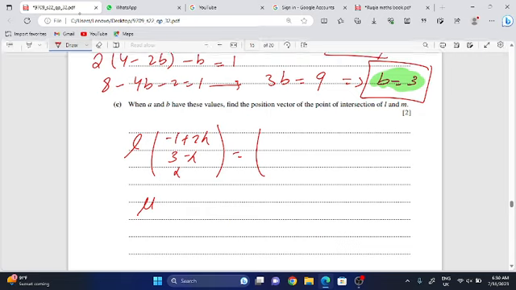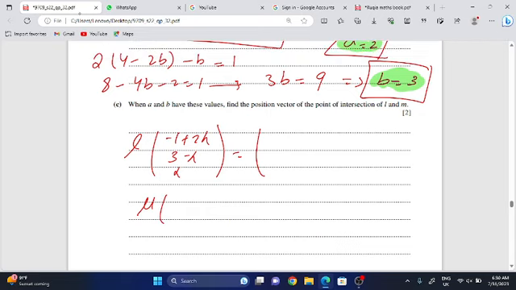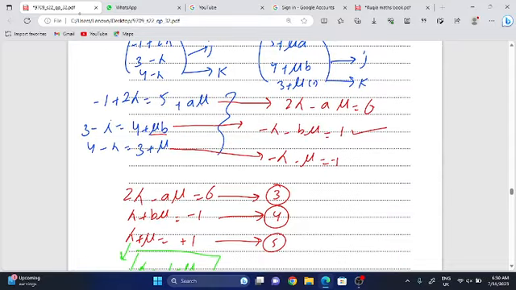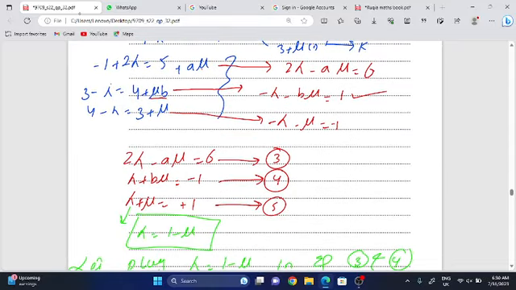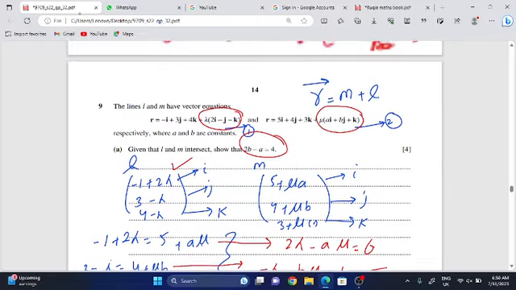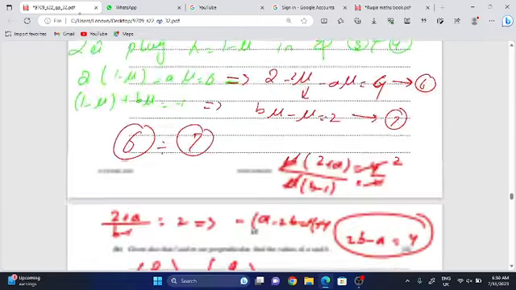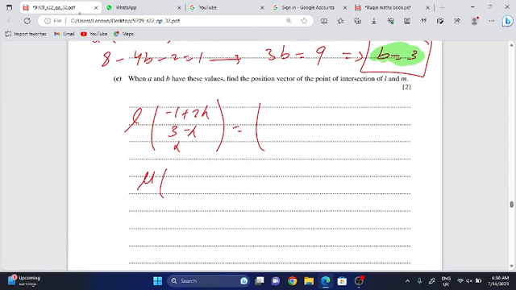So mu times (a plus b), that gives me mu times (2 plus the value of a, that is 2), which is equal to minus 4. So 4 mu is equal to minus 4 and mu is equal to minus 1.